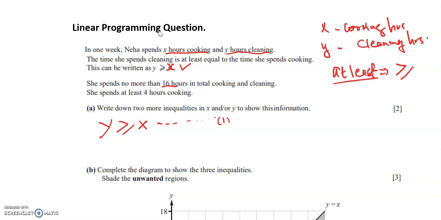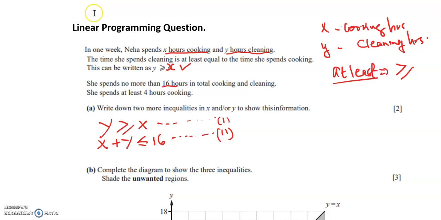So which means that X hours in cooking plus the Y hours in cleaning should not be more than 16 hours in total. So that is 2. This is a constraint.